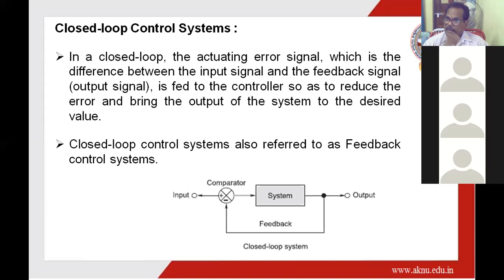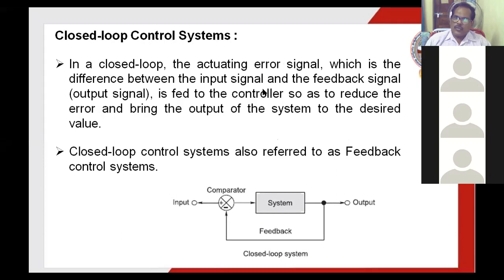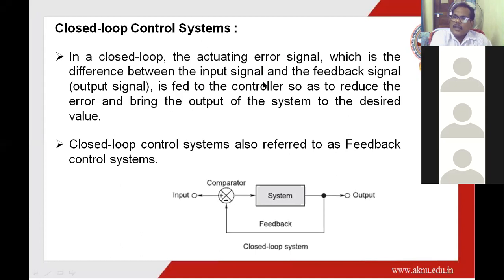That is the major advantage of the closed loop system. So here in the closed loop system, the activating error signal, the difference between the input signal and the feedback signal, is called the controller signal or error signal, which is used to control the system to get the desired output.